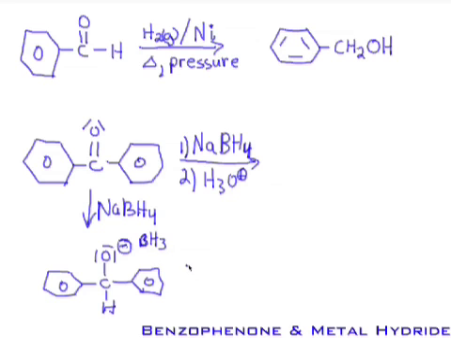Now, the next step, we have H3O+, we add it, and what the H3O+ does is protonate the oxygen, the O-. And the BH3 is destroyed and becomes soluble boron salts in the water layer.